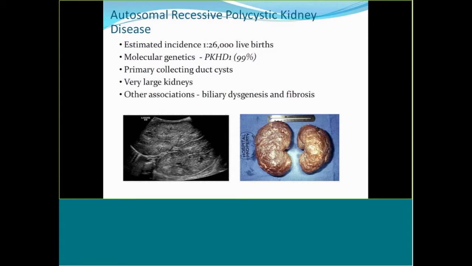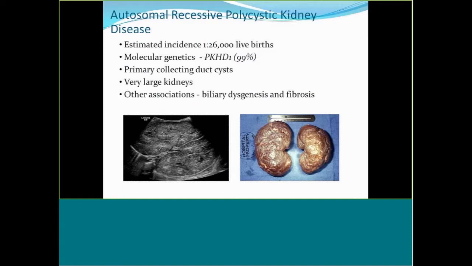So the autosomal polycystic kidney disease, autosomal recessive, I should say. So this is caused by a mutation in a gene called PKHD1.